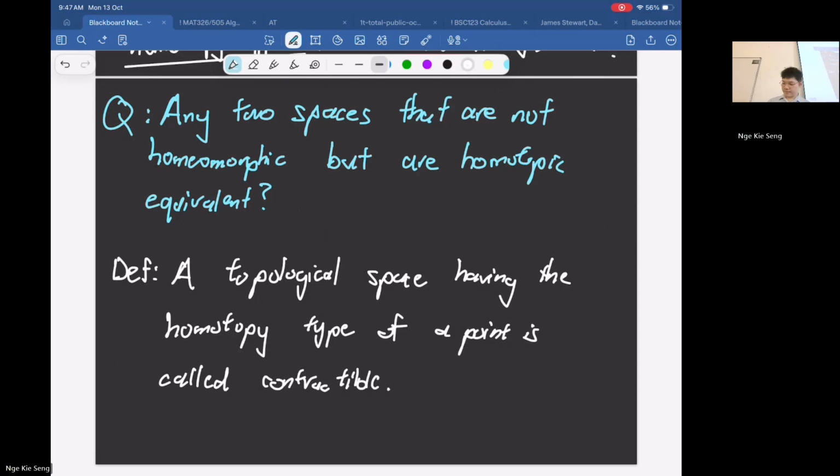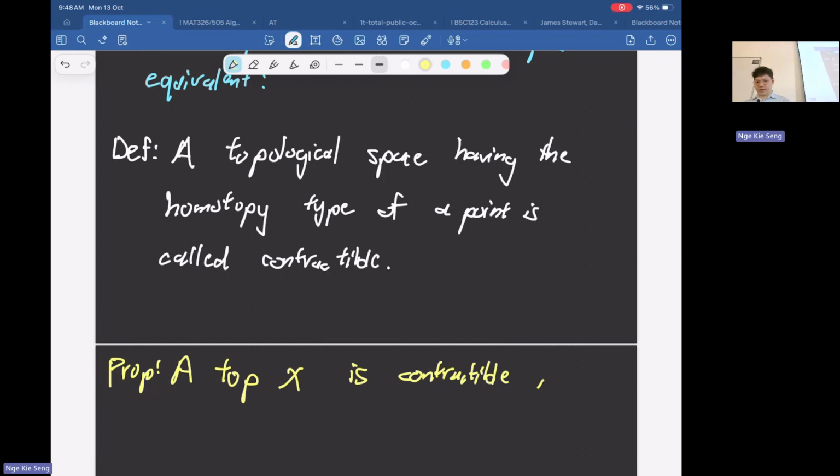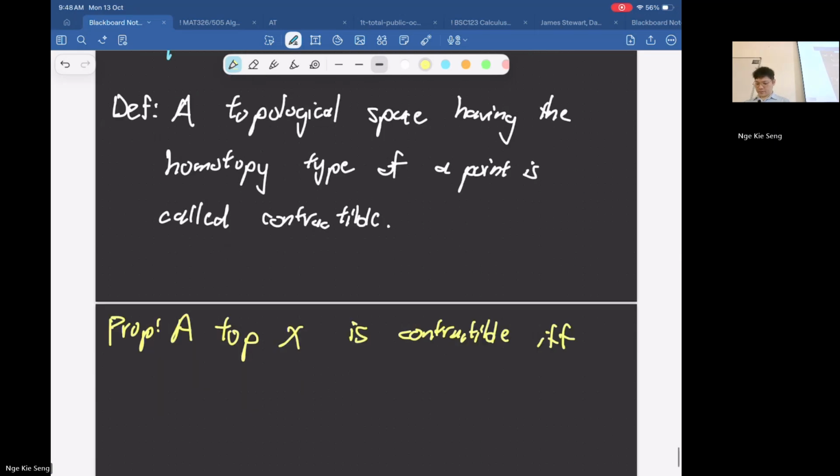Proposition: a topological space X is contractible if and only if the identity map on X is null homotopic.